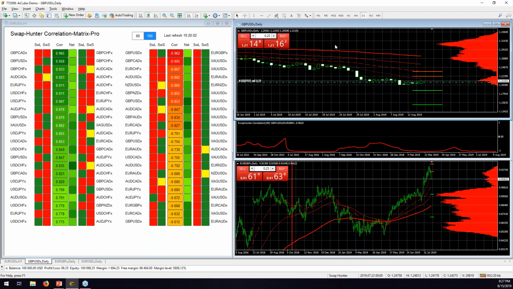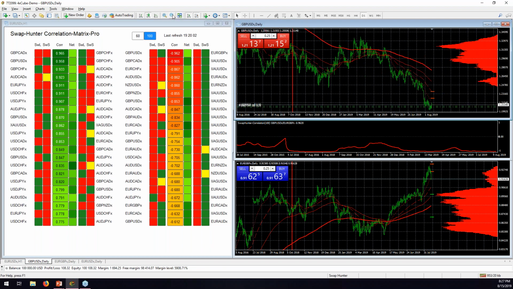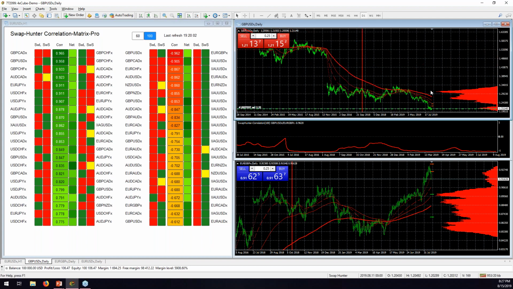And then, as you can see on the right-hand side of the two currency charts here, we have what we call the Swap Hunter profile, which is a volume indicator. Let me just zoom in a little bit here. As you can see how this works, very high levels of volume here, in order for people to sense that this is a strong price level.